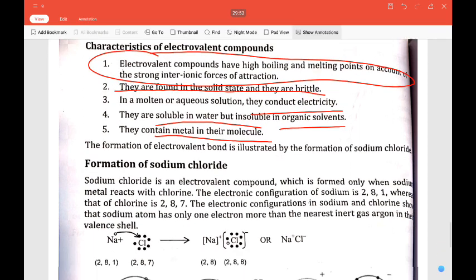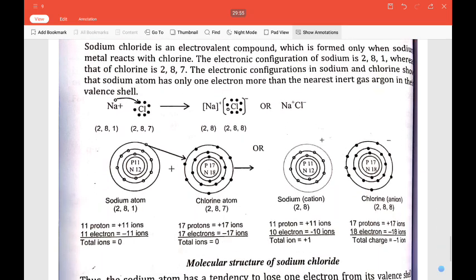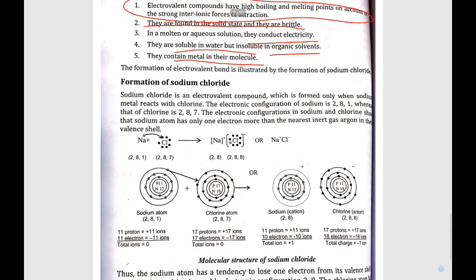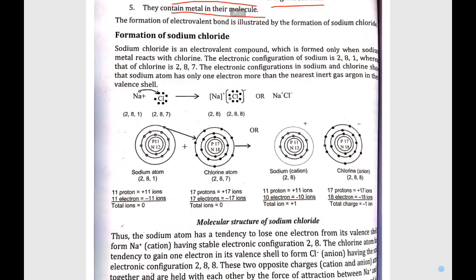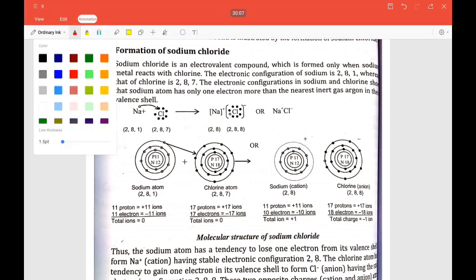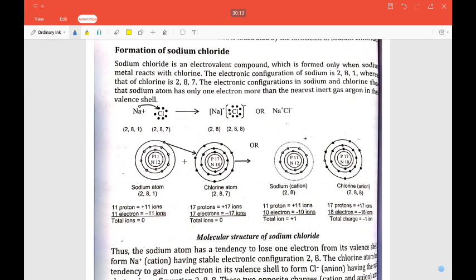My dear students, for today's last portion, what are you going to discuss? Formation of sodium chloride molecule. You can see the arrangement of sodium and chlorine. Let's check. Sodium is metal, chlorine is non-metal.